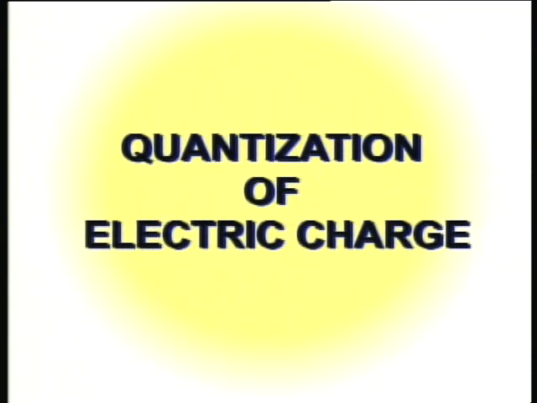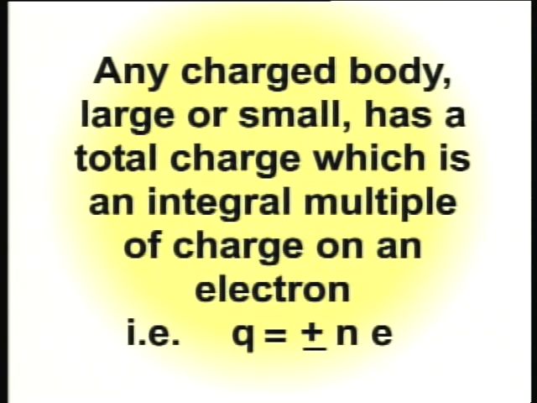Now, we can discuss two very important properties of electric charge, and the first is quantization of electric charge. Now, what is quantization? Quantization of electric charge means that any charged body, large or small, has a total charge which is an integral multiple of the charge on an electron.